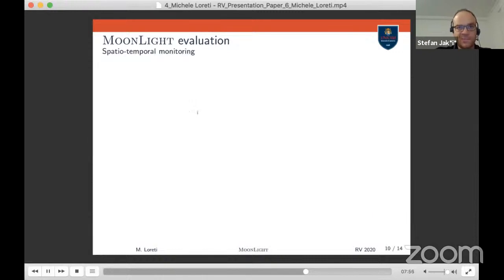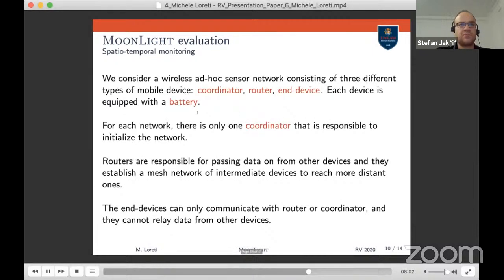In the paper, you can find also a description of a spatial temporal monitoring evaluation, and in this case we considered a wireless ad hoc sensor network scenario, where we have three types of mobile devices that are coordinator, router, and end device, and each device is equipped with a battery.